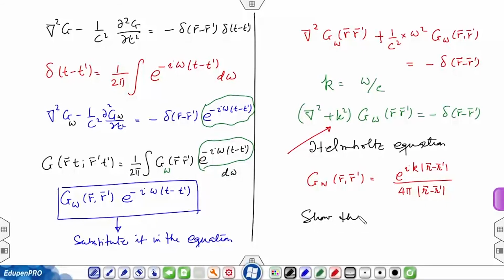Show that the solution above satisfies the Helmholtz equation.